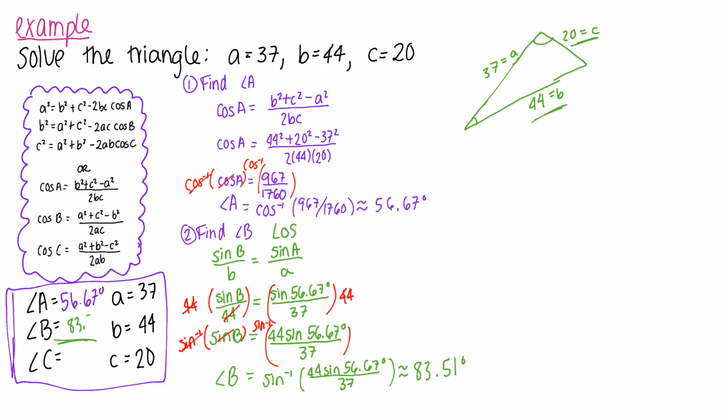So if we did 83.51 degrees here, and then did finding angle C by doing 180 degrees minus 56.67 degrees minus 83.51 degrees, I get that angle C is supposed to be equal to 39.82 degrees, and everything would appear to me to be fine.